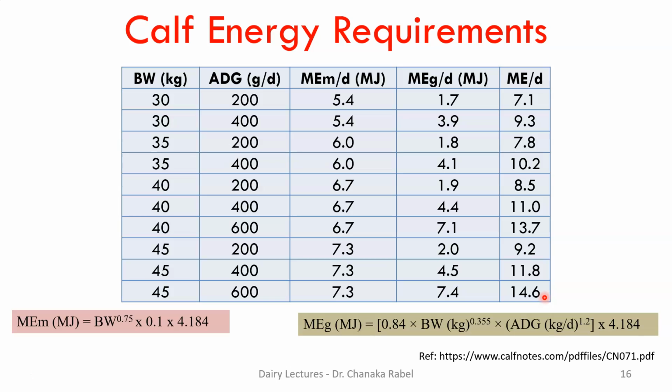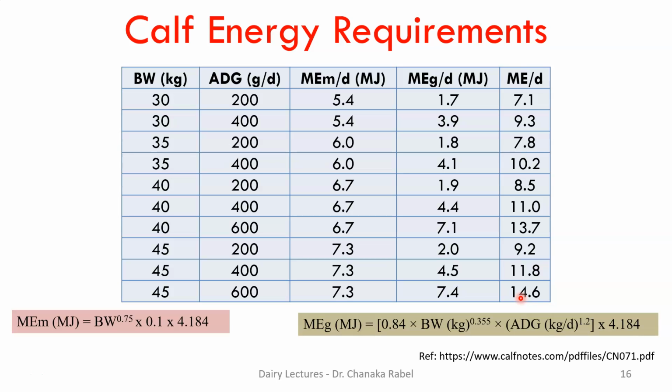So 6 megajoules you have to provide with concentrate or calf starter, right? Milk gets him 8.6 megajoules of energy. The other 6 megajoules you have to get from concentrate. And if the animal is maybe 3 weeks old, it is probably not getting the 12 megajoules from concentrate.